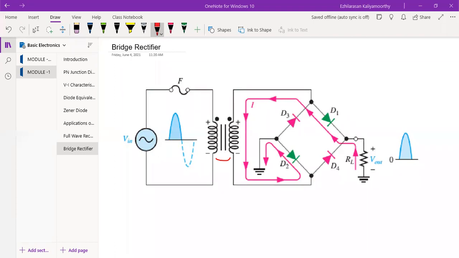We have to see what happens during the positive cycle of the input and what happens during the negative cycle. Let me draw the generalized diagram for your bridge rectifier.